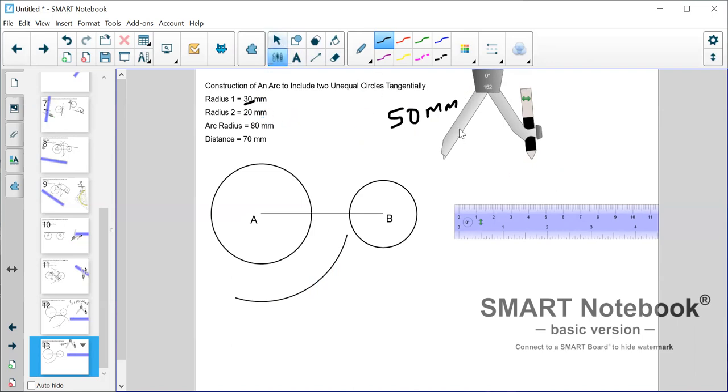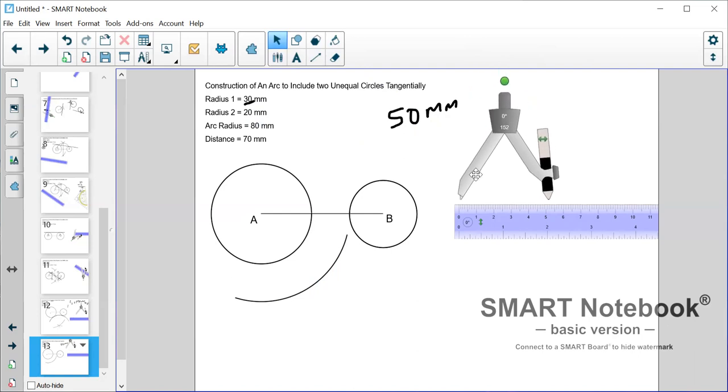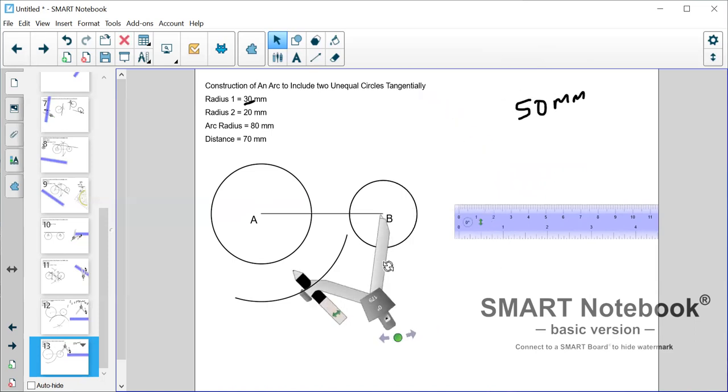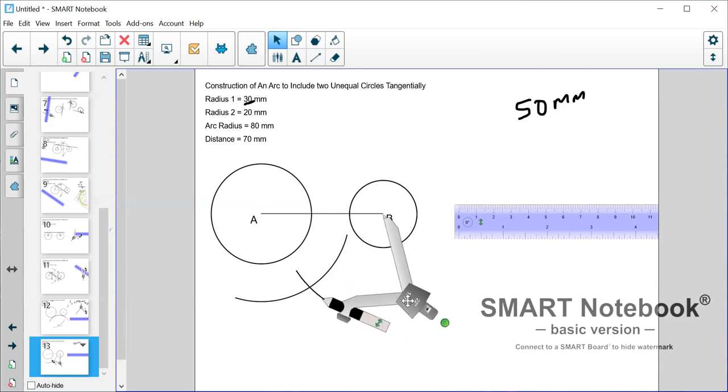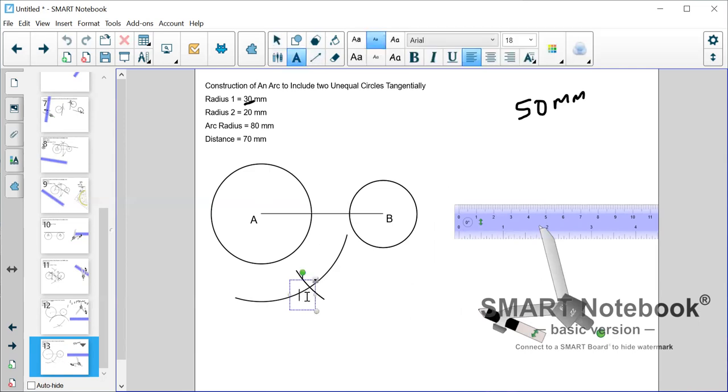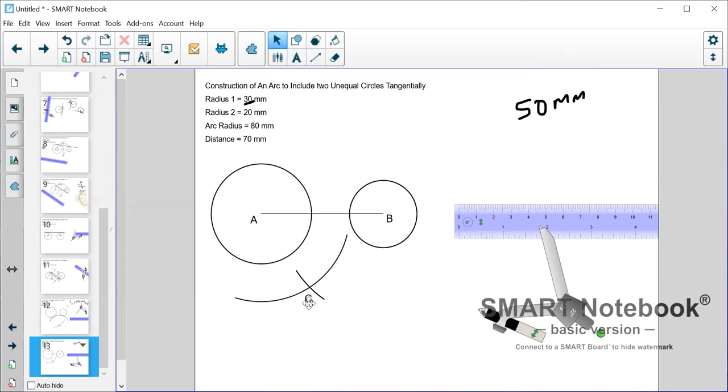So we use a measurement of 60 mm, and we go from B and draw an arc to intersect the previous one that we have here. We intersect, and we label that intersection as C.